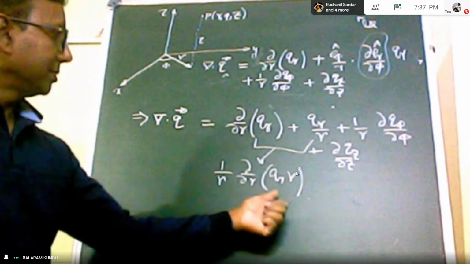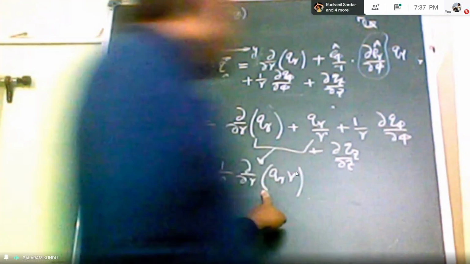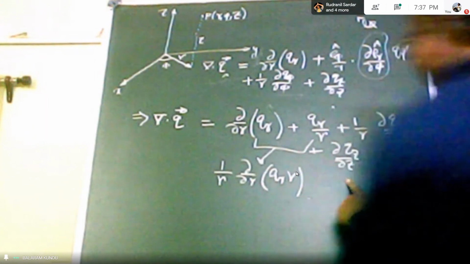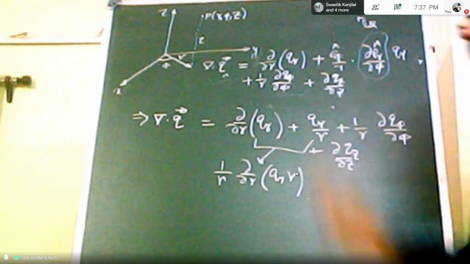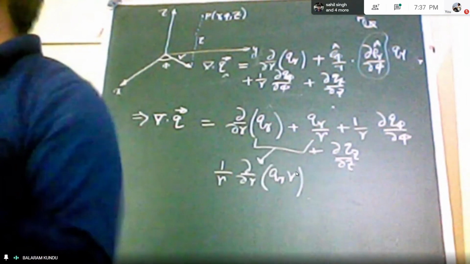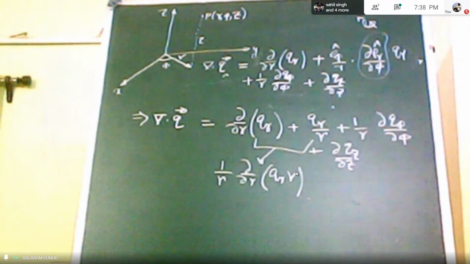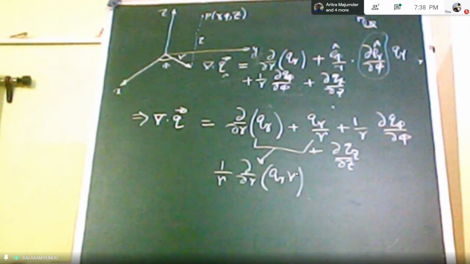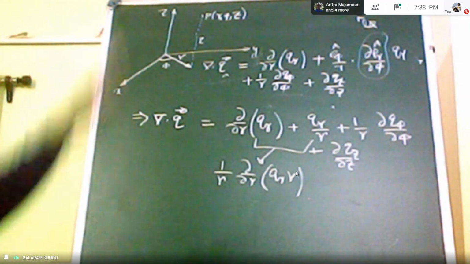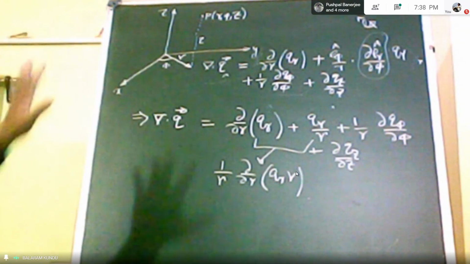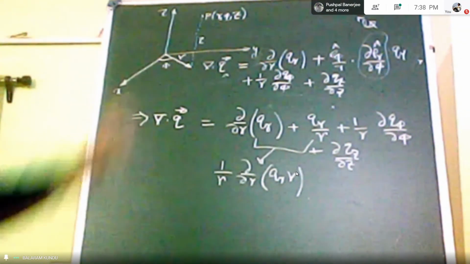So that means this term plus this term plus this term. Difficulty is definitely there if you do not know the exact expression of the unit vector. So that is your grad dot q expression, and I have written it correctly.